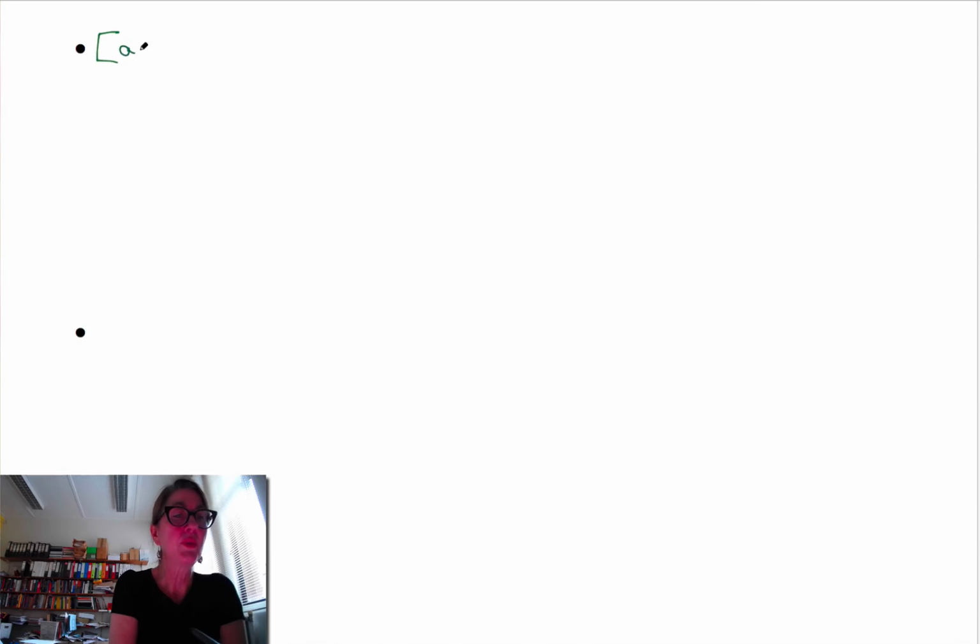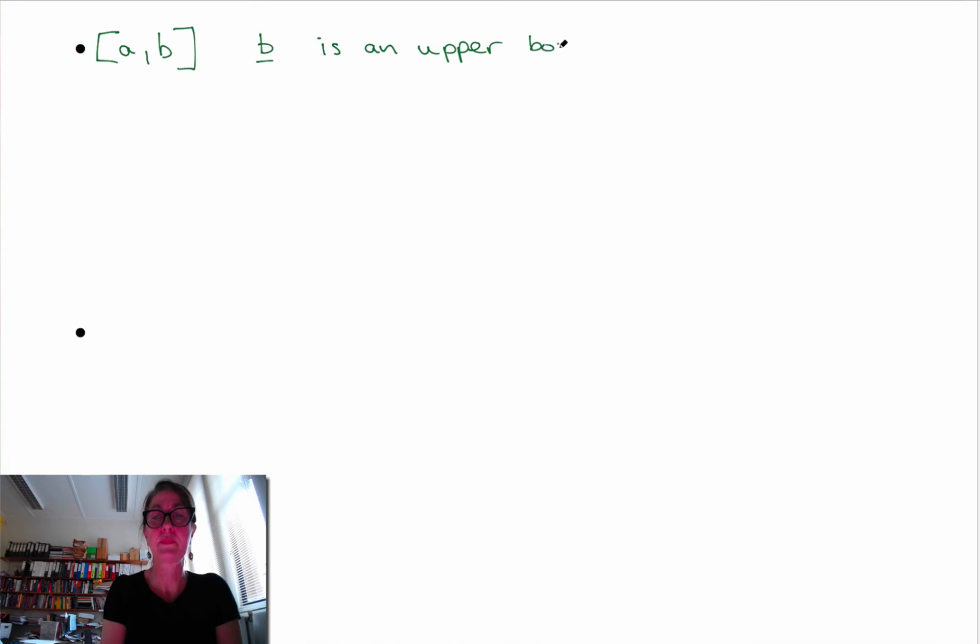So I'm going to start off with the closed interval [a, b], and you'll note that, thinking about the definition of what it means to be an upper bound, b is an upper bound of the closed interval [a, b]. Well, why is that true?